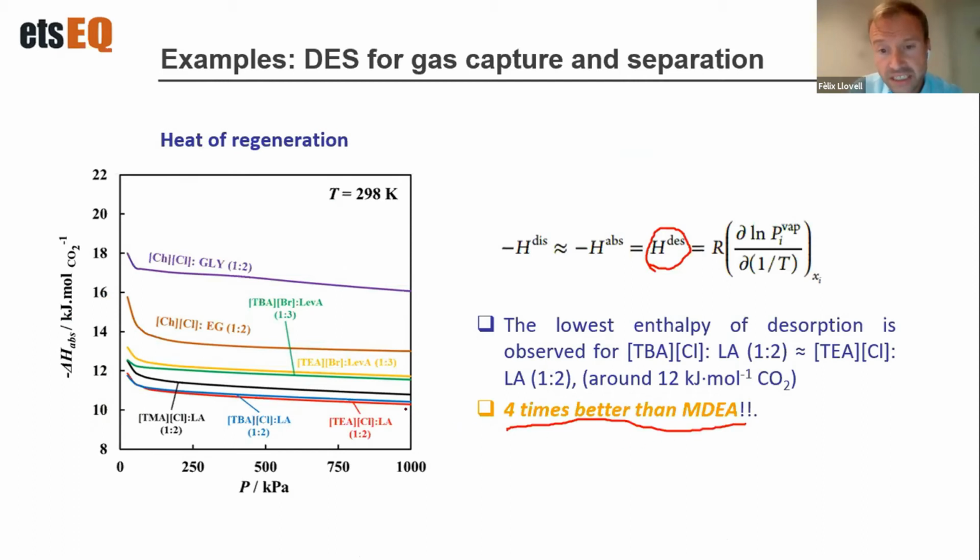This means that these molecules can regenerate very easily, and it would be great if we could improve the loading capacity a little bit, because there is a lot of margin to gain in the regeneration stage. Still here, the best solvent remains TBA-Cl lactic acid.